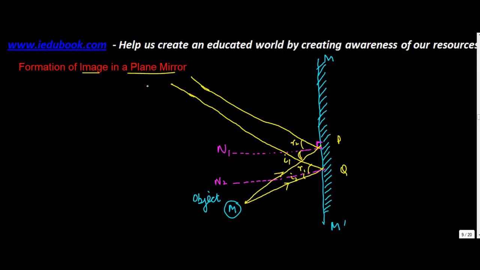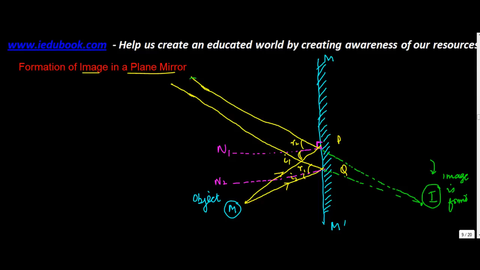So what actually happens in such a case is that instead of meeting this side, these rays appear to meet at a point behind the mirror. Let's call this point I, and I is actually the point where the image is formed.